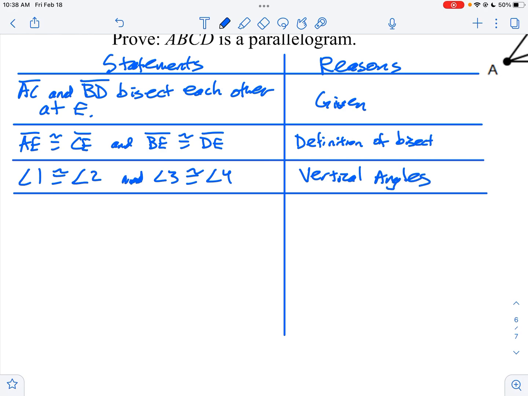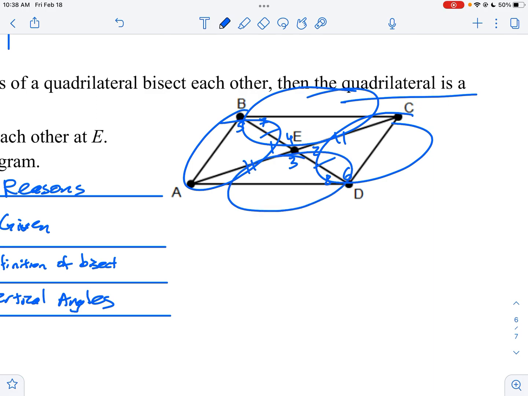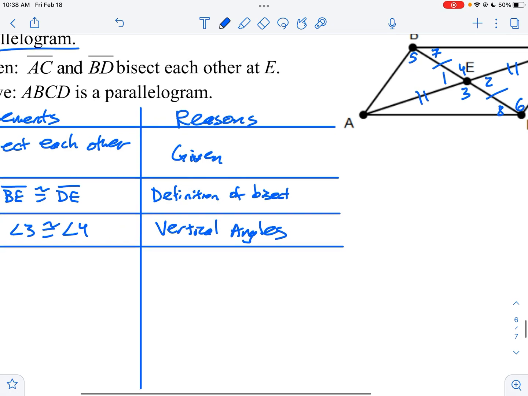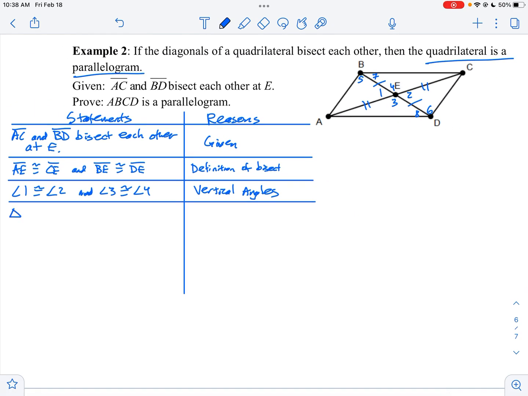All right, so now we have all sorts of things congruent here in the middle, which means this right triangle and left triangle are congruent, top and bottom are congruent, and that's by side, angle, side. So let me get the names of these right. We got triangle AEB is congruent to triangle CED for the other triangle.